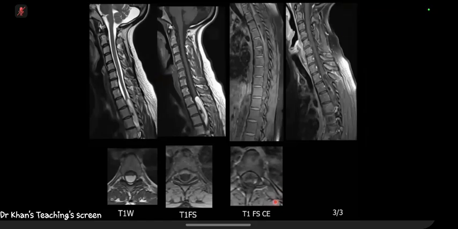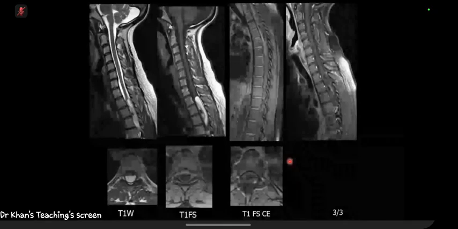So I've got a heterogeneous lesion within the central spinal cord of mixed signal intensities. There is a central hypointensity both on T1 and T2 that correlates with the hyperintensity seen on CT.